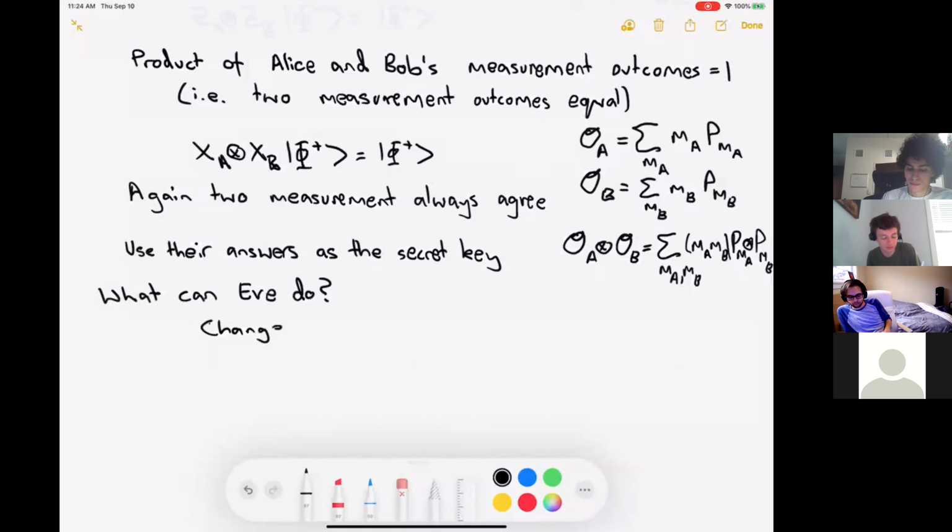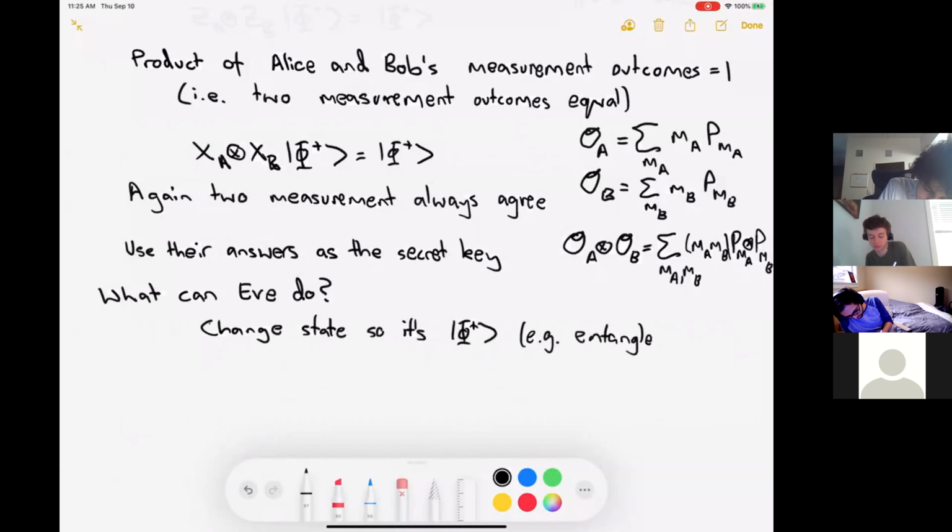Change state, so it's not phi plus, e.g. it's entangled with her stuff. That's pretty much the only way she can interfere with the non-secure preparation of the entangled state.